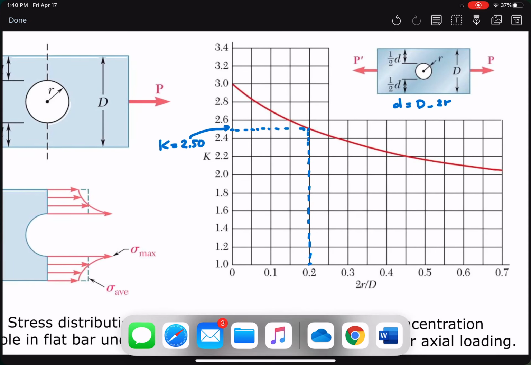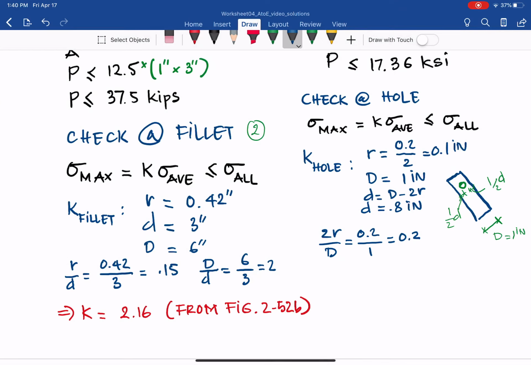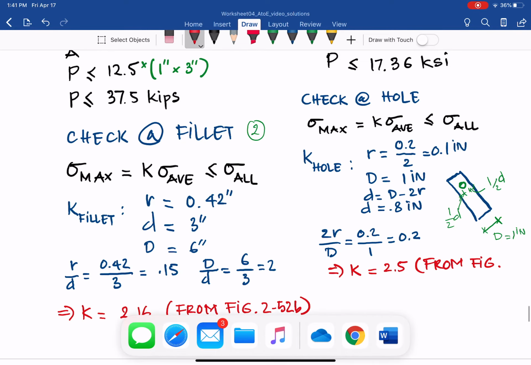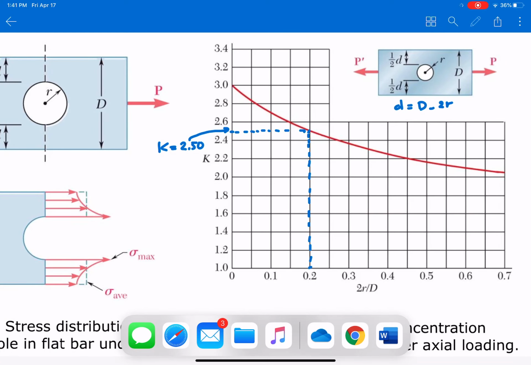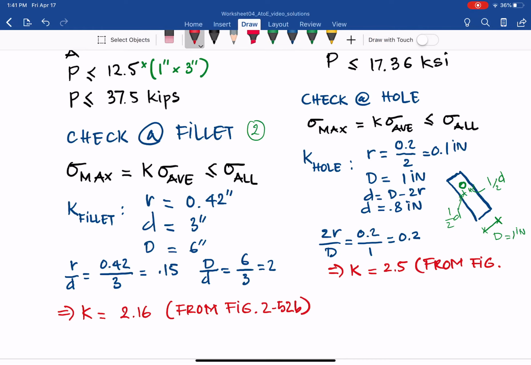So from that we can go back to the problem. We can find out K in this case equal to 2.5, based on the figure 252A.